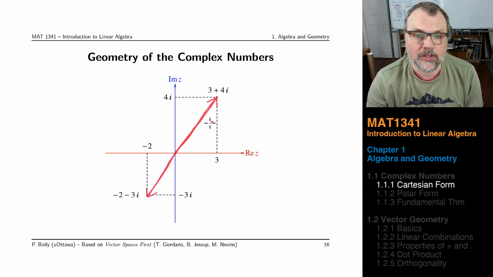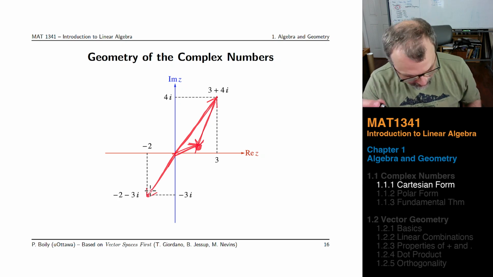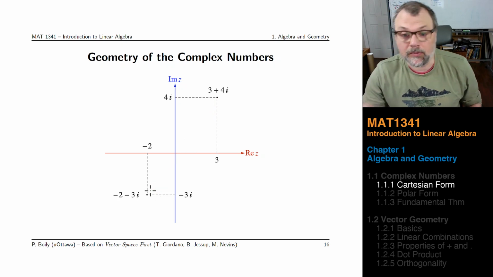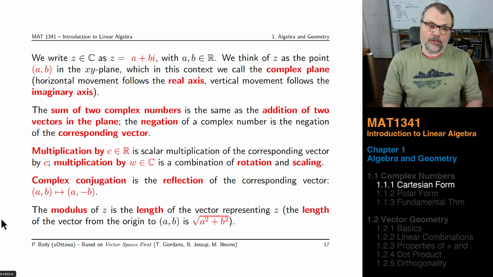And the sum of these two vectors would be, well, this one minus this one here, right? So I put it back here. I just translated this vector back here. And that new point right here would be the sum of 3 plus 4i plus 2 minus 3i. So the rule of addition basically says you add complex numbers as you would add vectors in the plane.